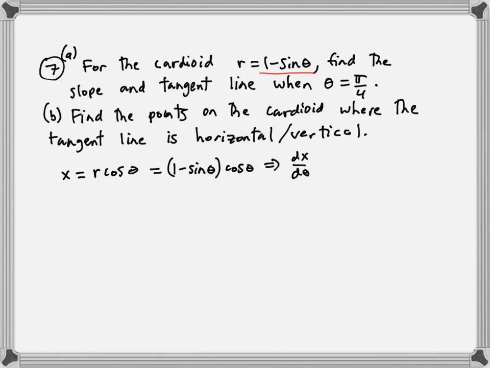What would dx/d theta be? I'm going to use the product rule. The derivative of the first, that's negative cos theta, times the second, so that's negative cos squared theta, plus the first times the derivative of the second. So that's what we have for dx/d theta. And let me go ahead and simplify this.